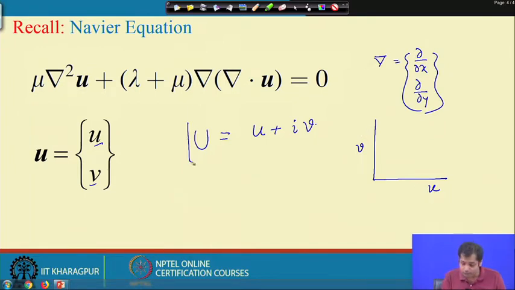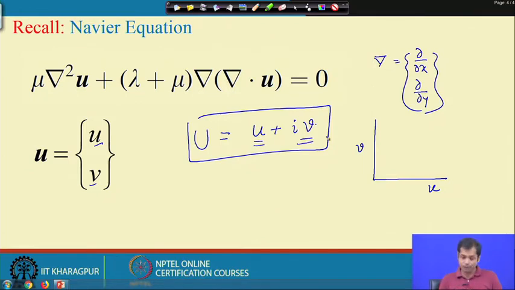So, U is equal to u plus i into v. For us, the equations are to be written in terms of capital U, not their components. Okay, so let us do that exercise.